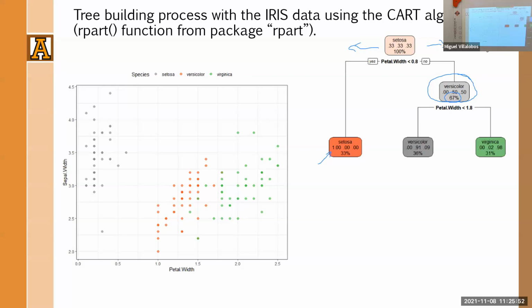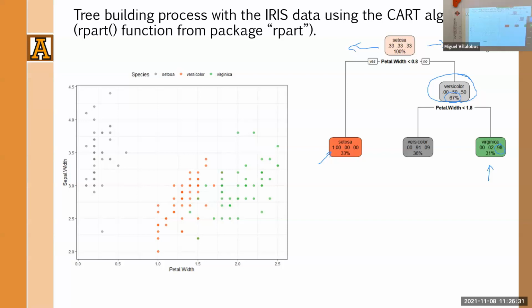Now, on the right side of the tree, remember there was a second split, and this one is split here with the petal width less than 1.8 and greater than or equal to 1.8. If it's greater than or equal to 1.8, it's classifying the flower as Virginica, because that's the largest percentage. I have 98% of those that fall on this side are Virginica, so they will classify all of them as Virginica.